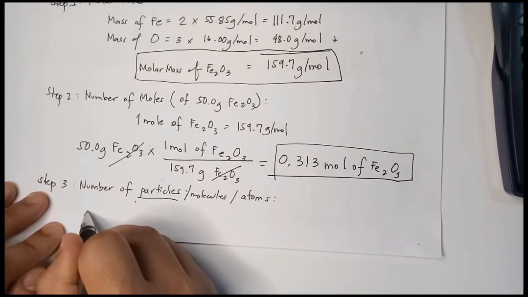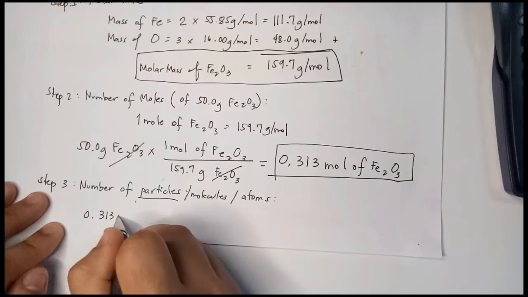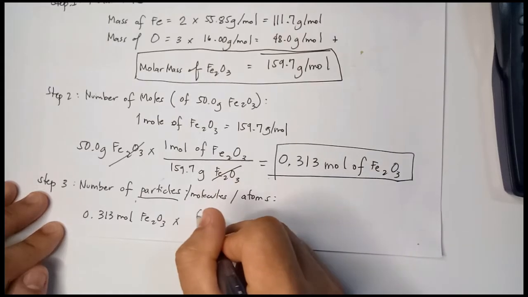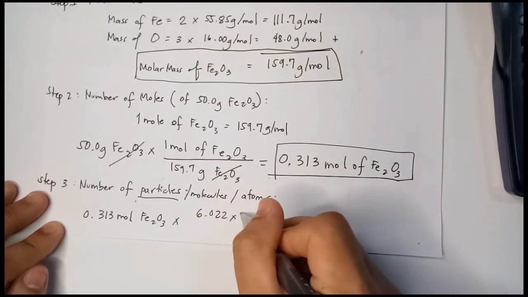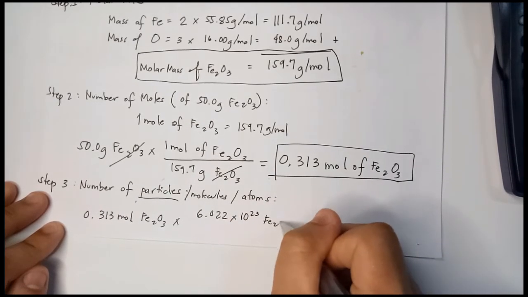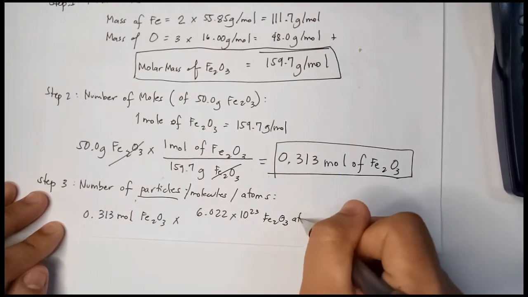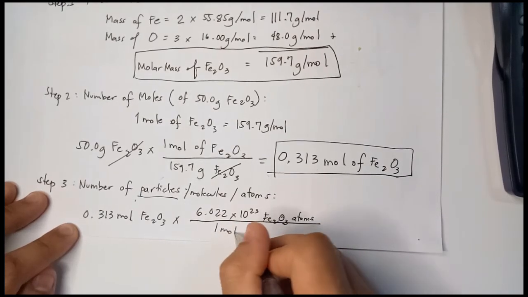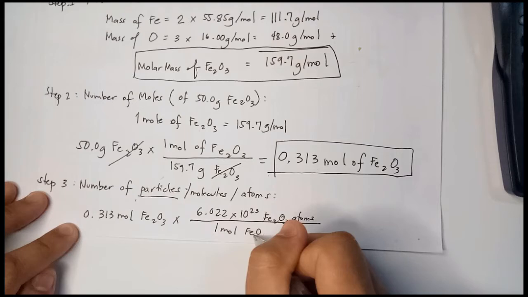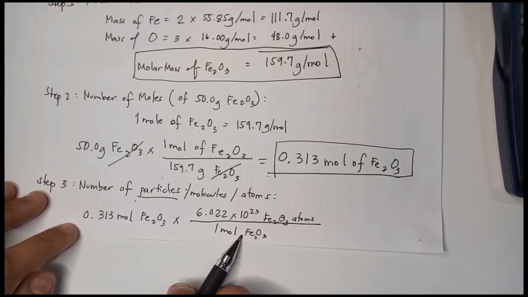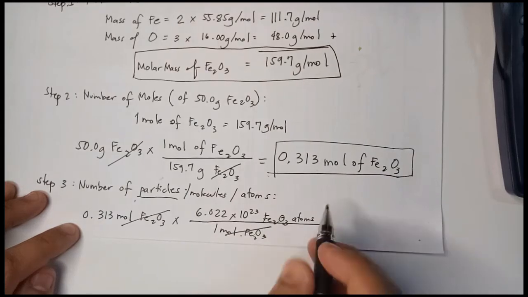Meaning, we have 0.313 mole of iron oxide times 6.022 times 10 to the 23rd atoms, divided by 1 mole of iron oxide. So, ito yung mole concept natin. Let us cancel.